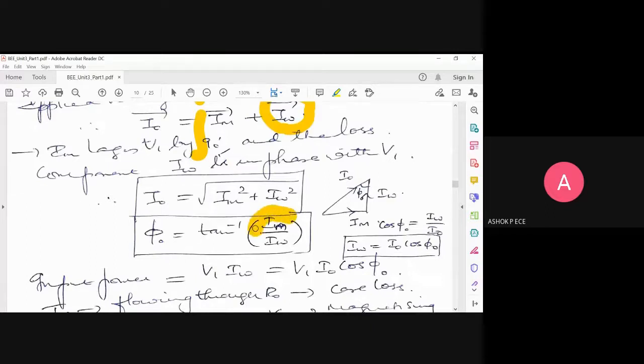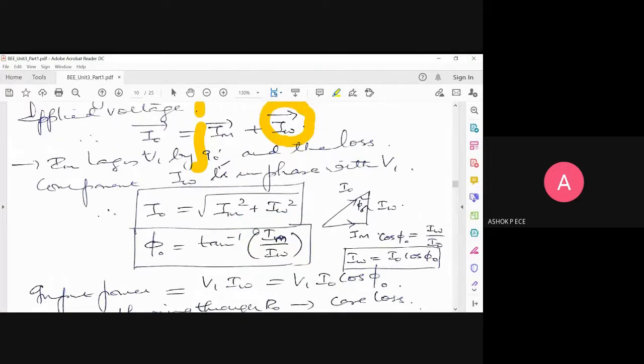See, here you may get a confusion about which one to divide. But if you conceptually find which current is having phase, definitely that will come in the numerator. The second will come in the denominator. So this is the triangle signifying the three currents. Iw is in phase, Im is here, Iw is here.